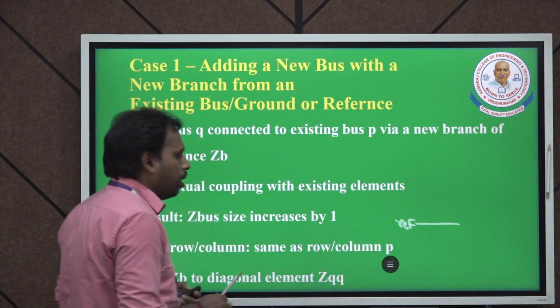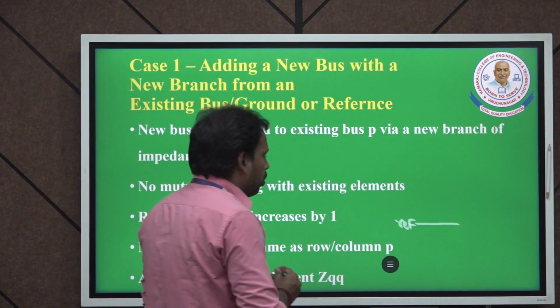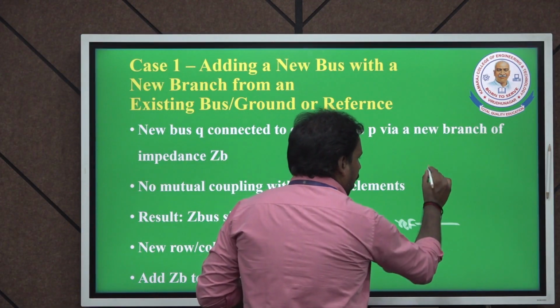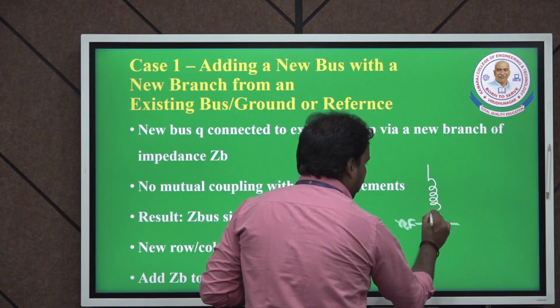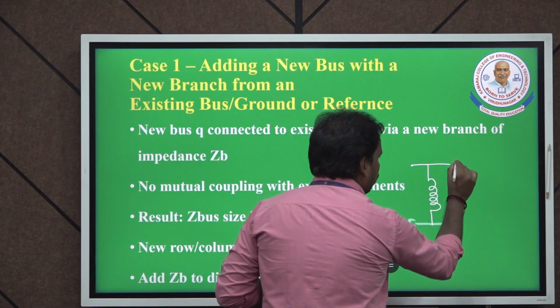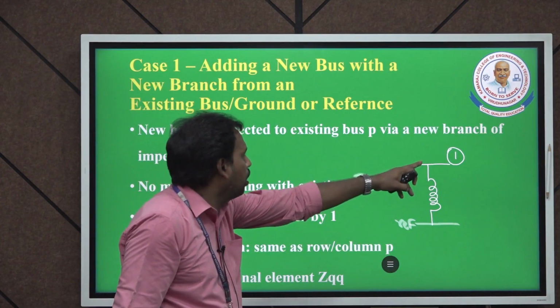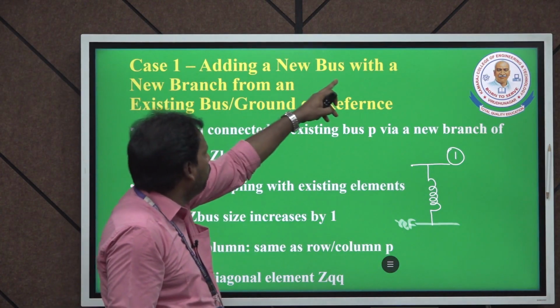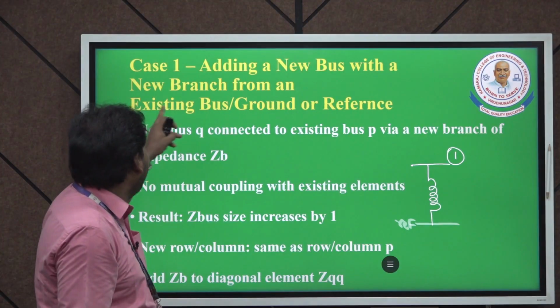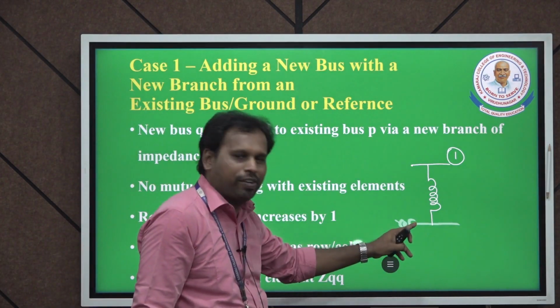Initially we need to start from the reference bus. From the reference bus, I am going to add one impedance value to a new bus. This is the reference bus, and this is the new bus.